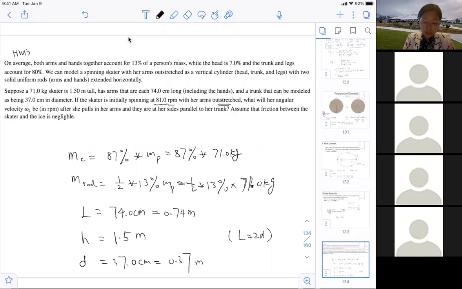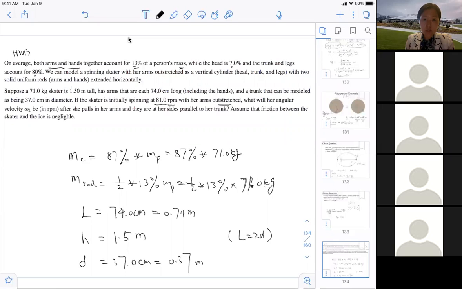First, they tell you about different parts of your body and what percentage of your mass each part is. Arms and hands together are 13% of your entire mass. Head is 7%, and the trunk and legs are 80%.